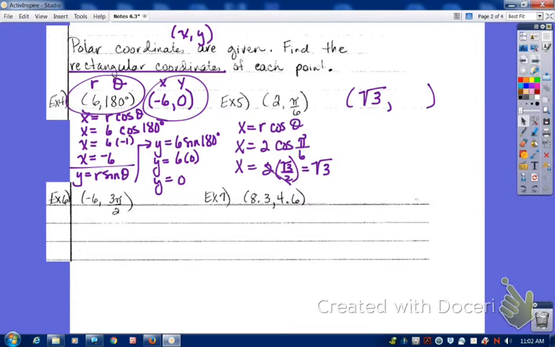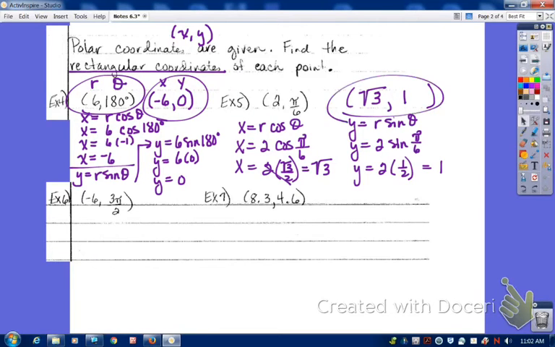Then we've got to find our y coordinate. To find our y coordinate, we always do our radius times the sine of our angle. So that's going to be 2 times the sine at pi over 6. What's the y value at pi over 6? 1/2. And 2 times 1/2 is going to give me 1.